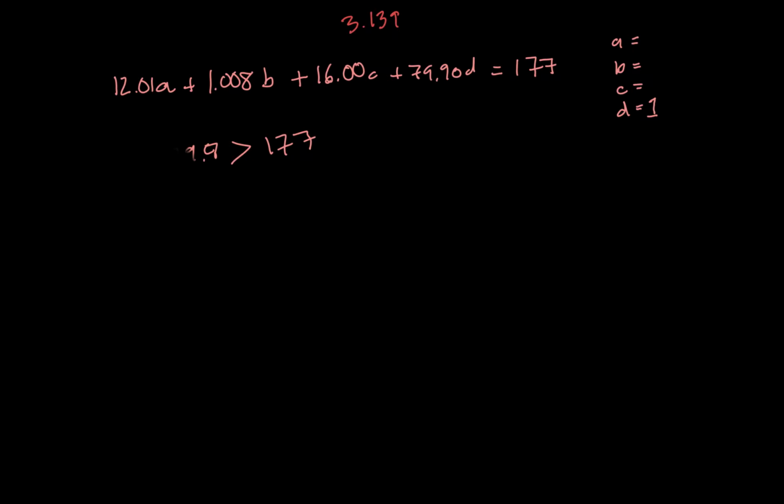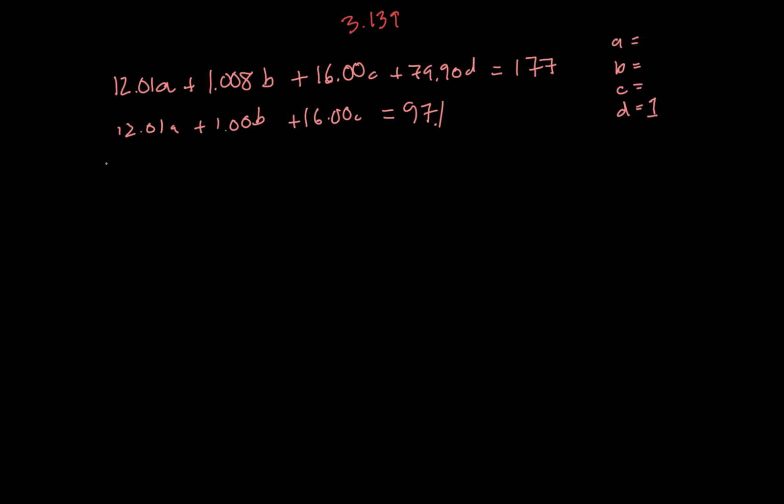So we know that has to be equal to 1. So we're going to revise our formula to whatever we're left with after we eliminate that. C equals 177 minus 79.9, and that gives us 97.1.